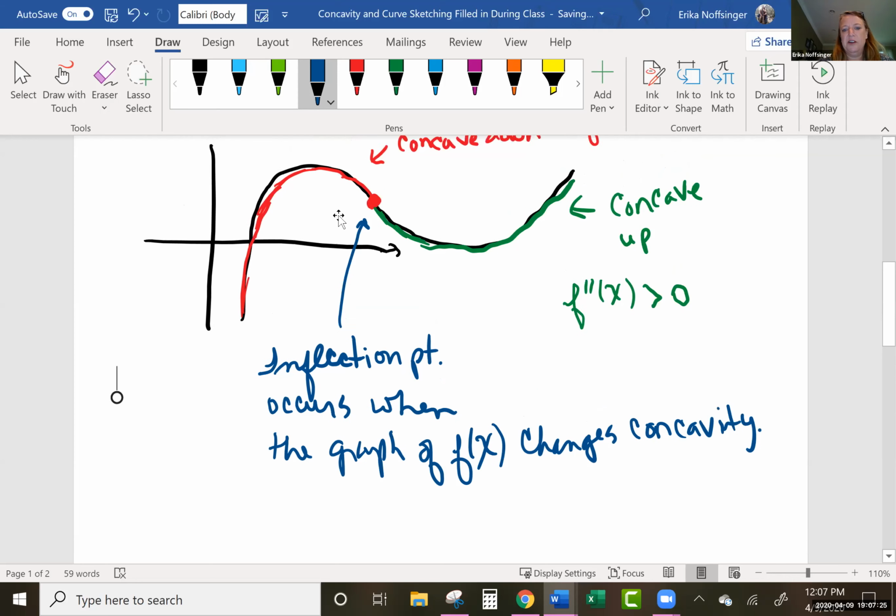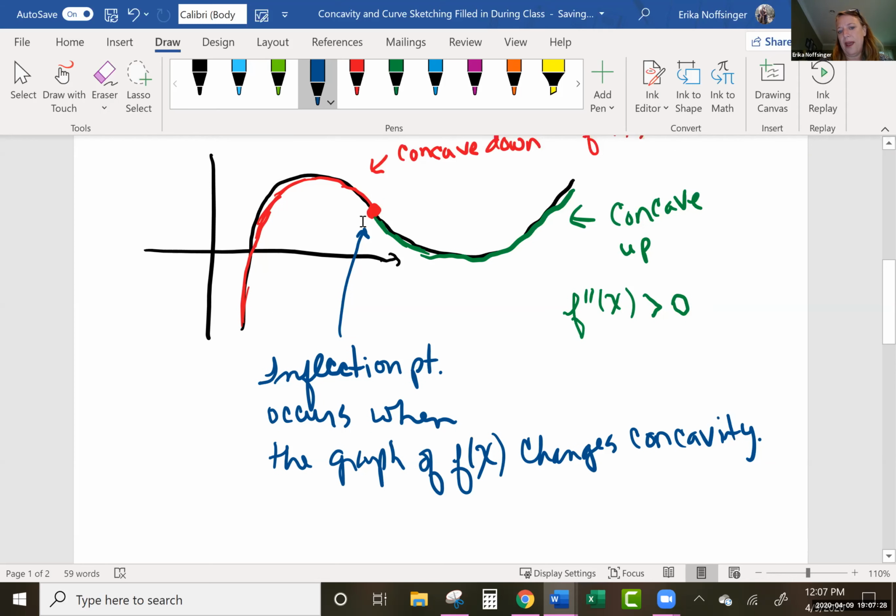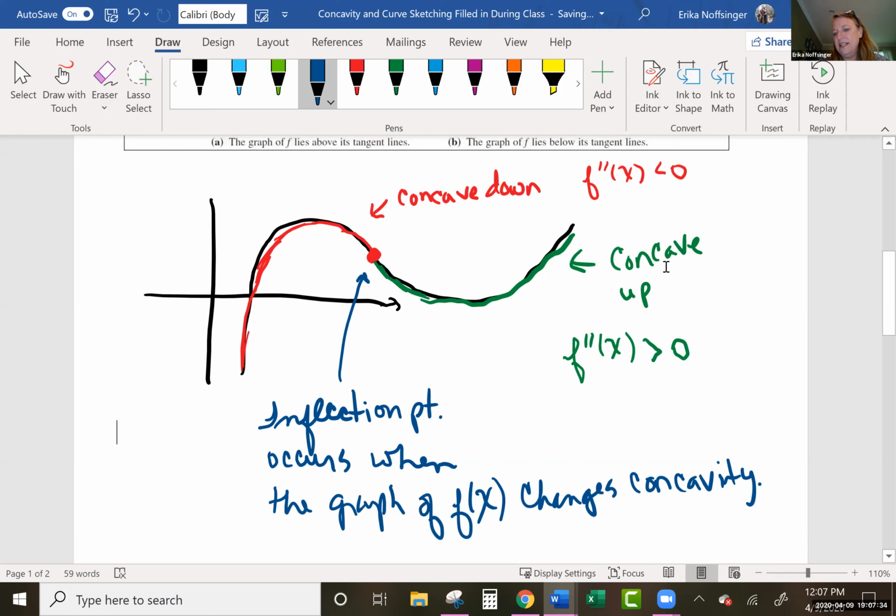So if I'm trying to locate this point on my original function, I'm going to have to find the second derivative, and I'm trying to find when is it changing from decreasing to increasing or increasing to decreasing with those values, or less than or greater than.